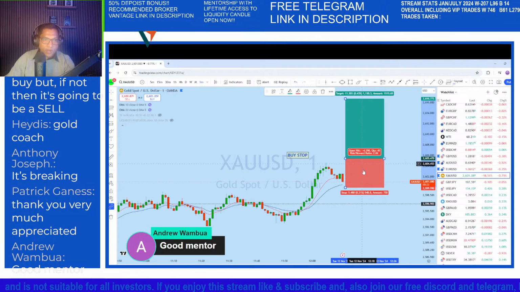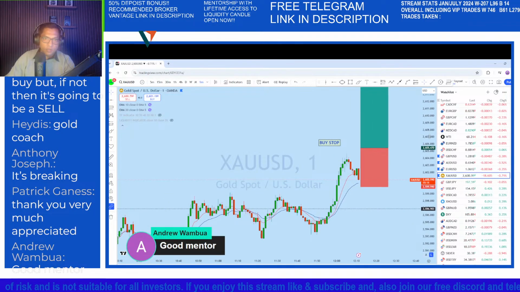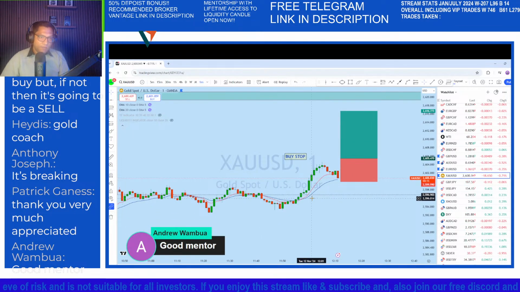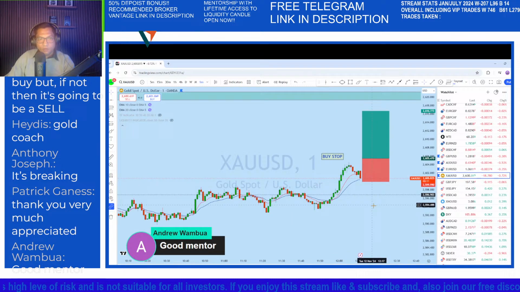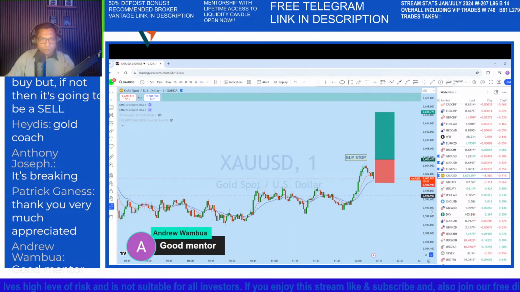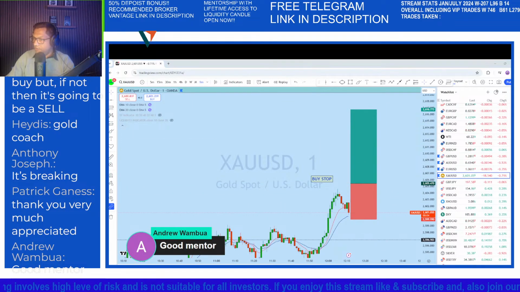Now, only if the market manages to break out will we enter the trade. Otherwise, it might even come back here and could bounce if it wants to reverse. We'll see what happens. So it's a pending order.